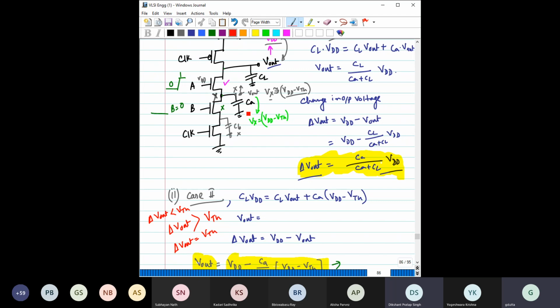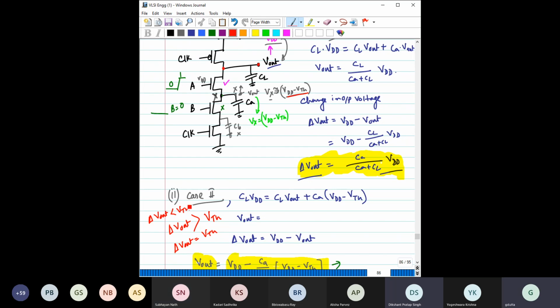For case 2, the voltage is rising to VDD minus VTH and this transistor turns off, so no further charge can transfer. What do you think would be the change in output voltage here? The delta V out is less than VTH. Very good.